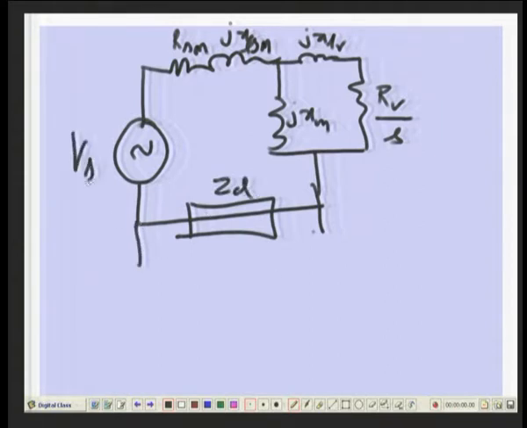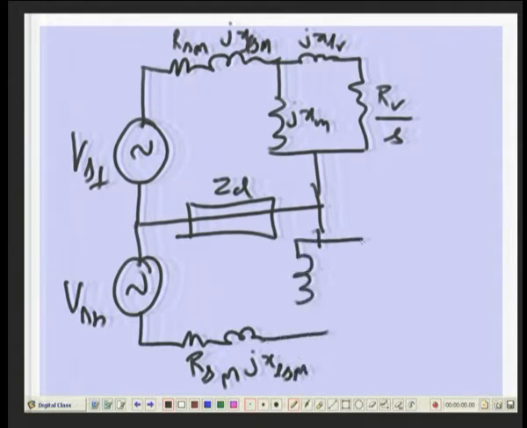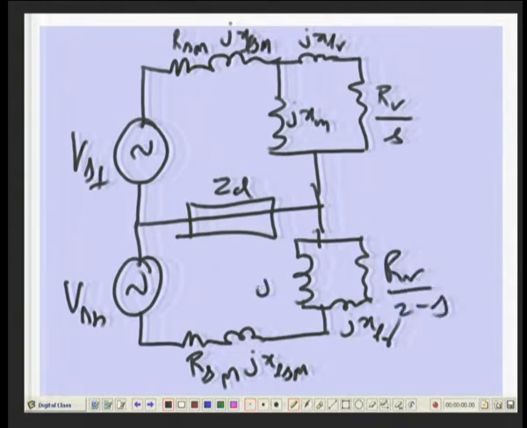This is VSF, VSB, and please note that this is not auxiliary, both are main winding only: J XLSM, J XLR, RR over (2 minus S), J XM.